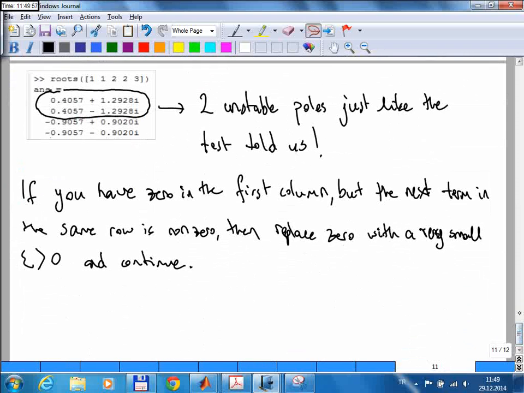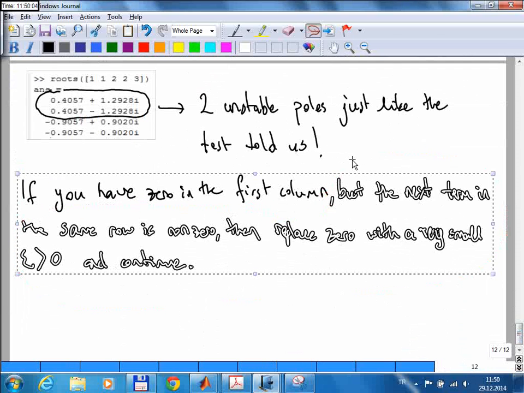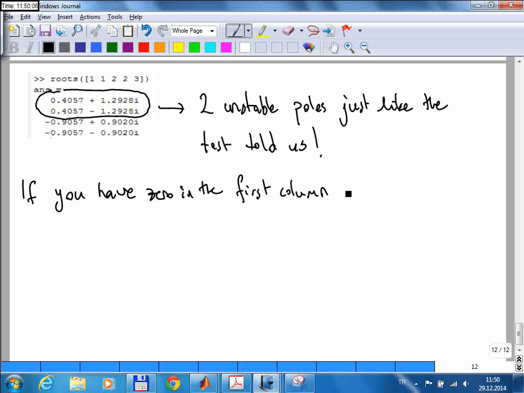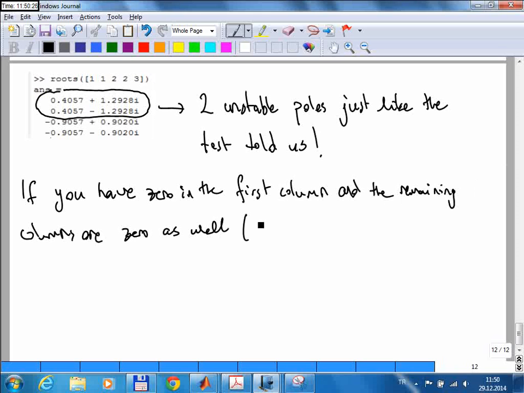But if you have 0 in the first column, and the remaining columns are 0 as well, we call that an all 0 row.